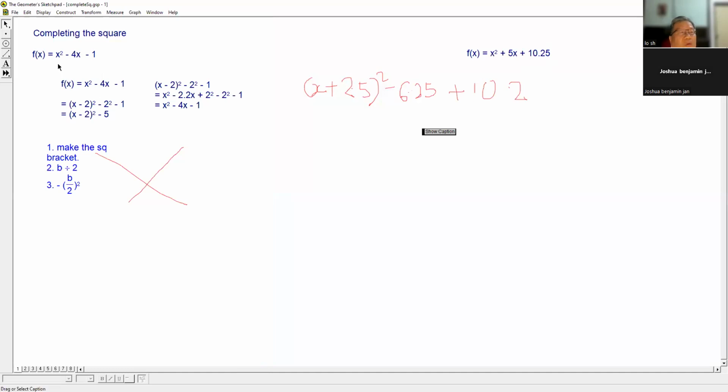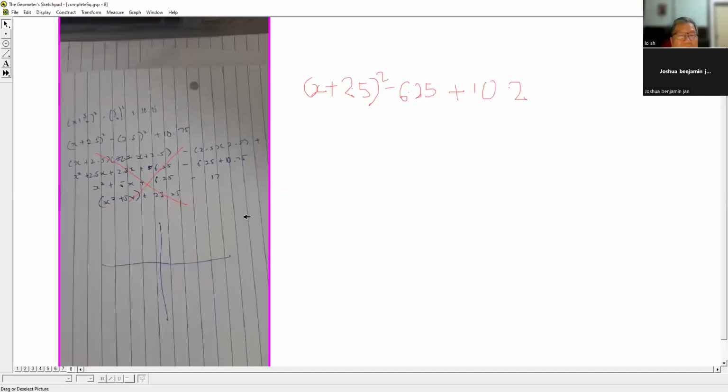Okay. So it's 10.25. So this one will be x plus 2.5 square. Very difficult to control the mouse. These two you add together is positive 4.